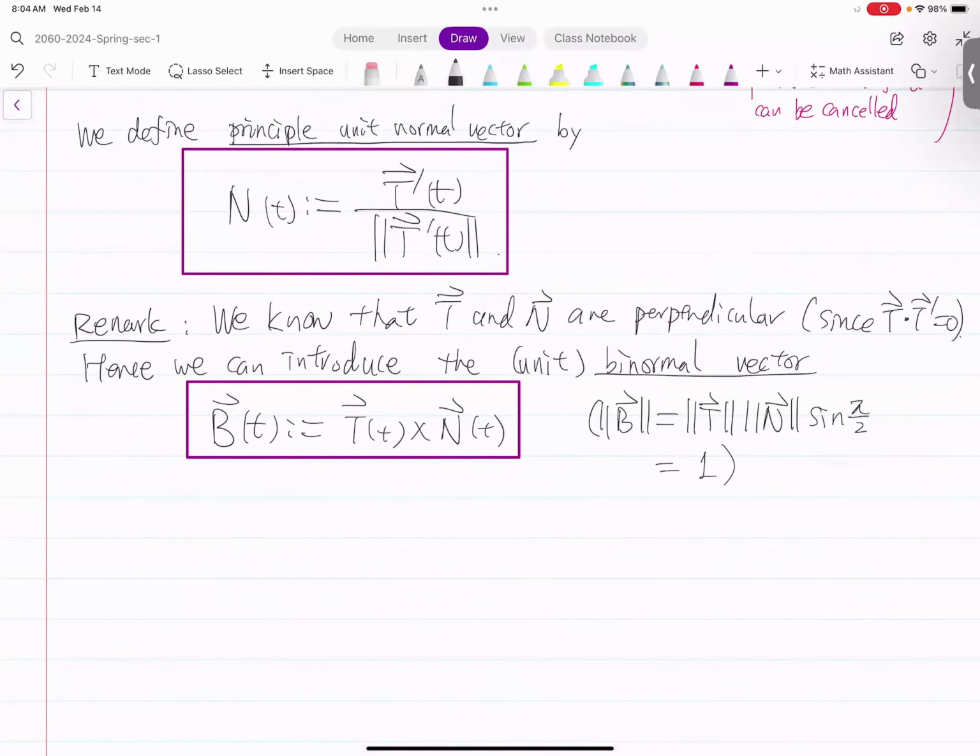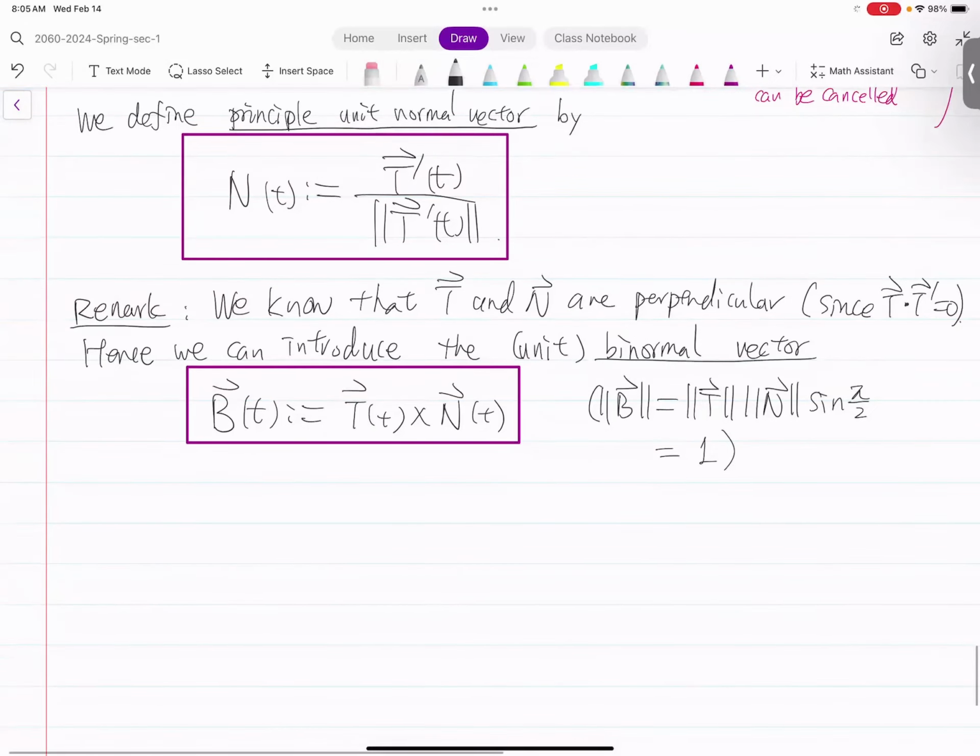So now we see that we have three vectors that are all perpendicular to each other. And that's really similar to the standard basis, right? IJK, right? This tells you, okay, at any point on the curve, you are able to define these three directions. So remark.